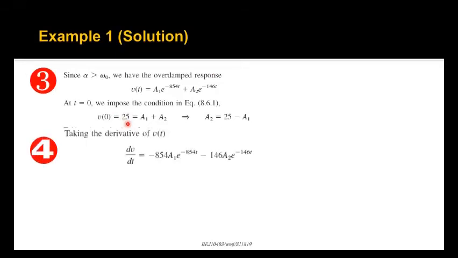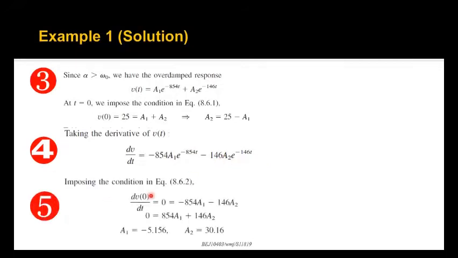Okay, number 4, we find the derivative of Vt. So you differentiate this equation, and it gives you this equation: minus 854 A1 exponent minus 854 and the rest.